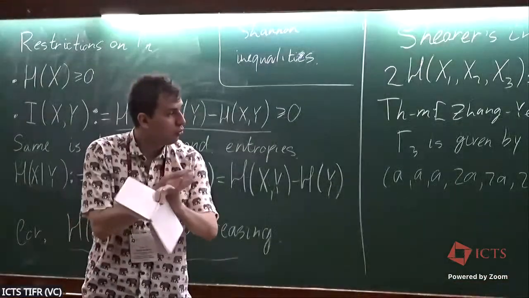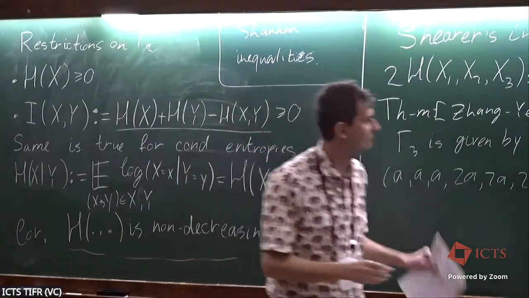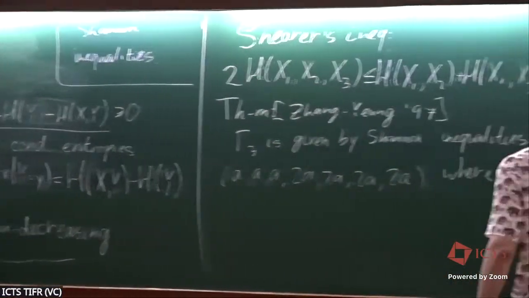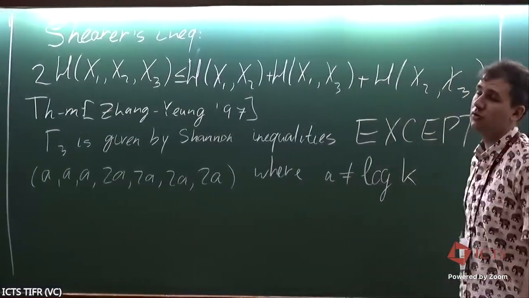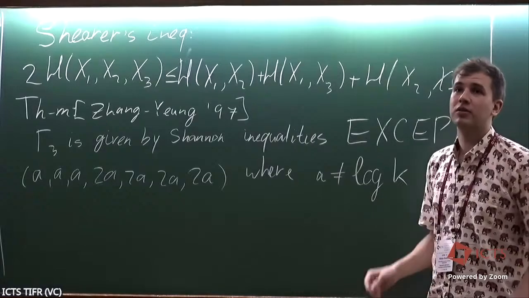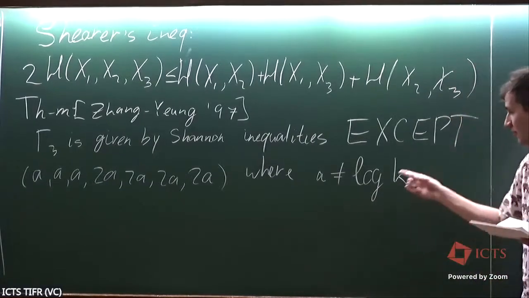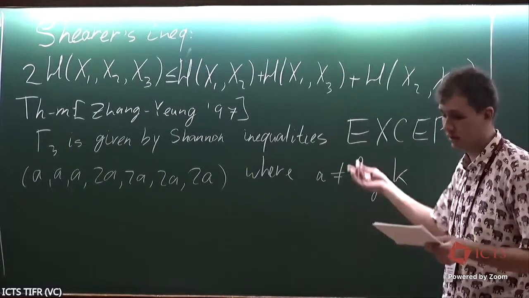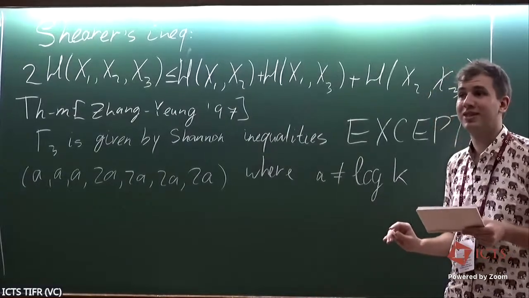When it almost breaks, it can only be true if A is a logarithm of an integer. In this case, the vector is in gamma 3. If A is something else, then it's not in gamma 3. Okay, any questions about this part?